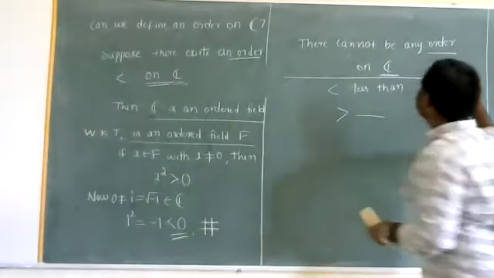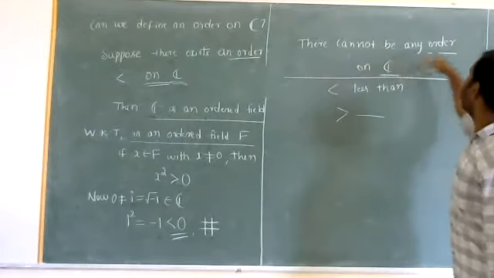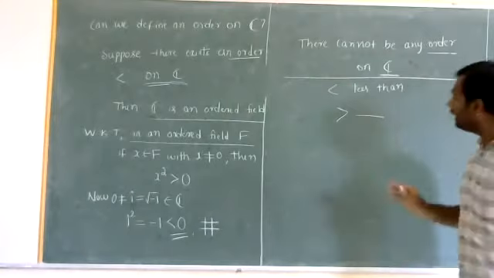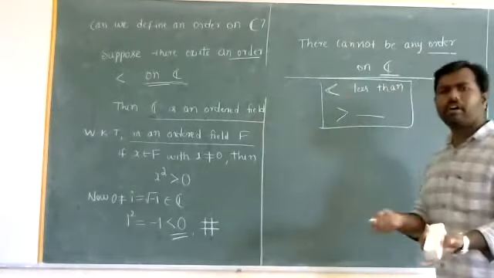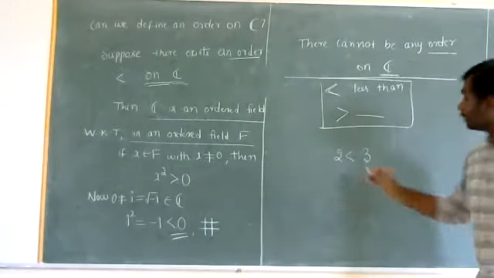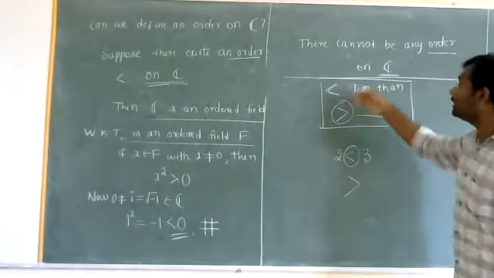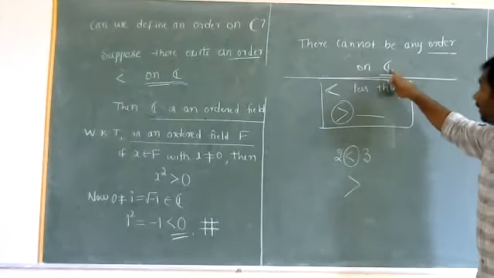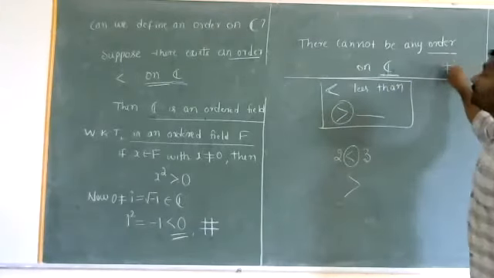As a result of this observation, there cannot be any order on C. We cannot define any order on C. In particular, the usual less than, that is, we will say 2 is less than 3, this less than relation and greater than relation will also not be an order on C. If at all any one among these is an order, then it will be a contradiction to this, right?